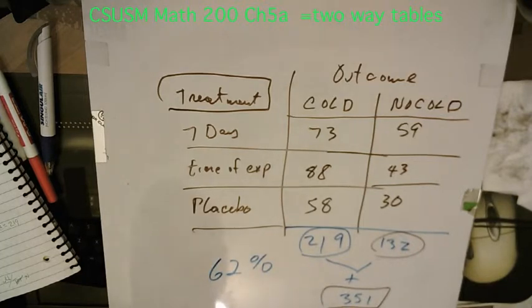Number 12, dealing with the diagnosis from 11, asks, what is the marginal distribution of the total colds? So our marginal distribution would be this value over this. And so that's how we would get that.